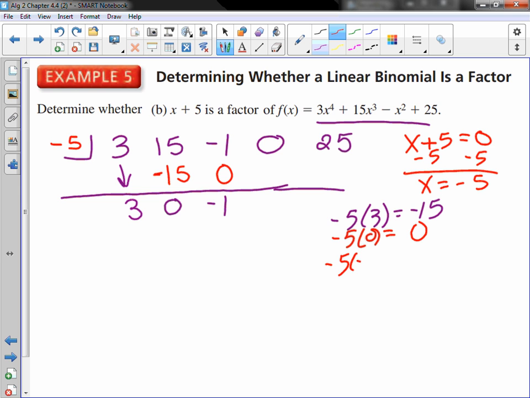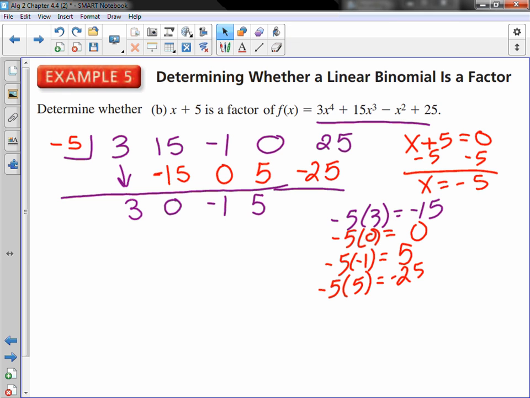So negative 5 times negative 1 gives me 5. 0 plus 5 is 5. And lastly, we have negative 5 times 5, negative 25. 25 plus negative 25 is 0.